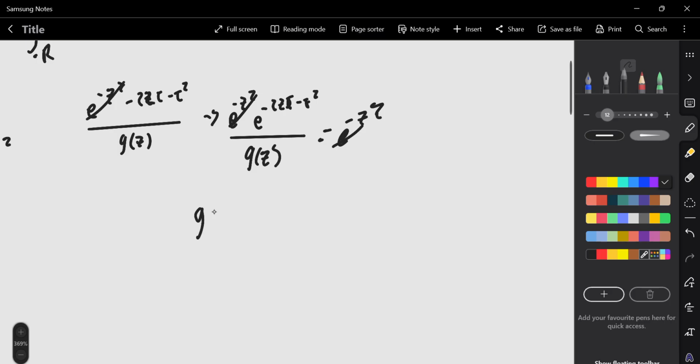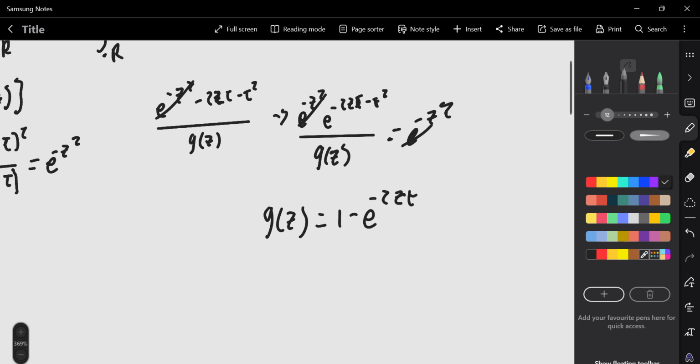So g of z is just going to be 1 minus e to the minus 2zt, we're saying t minus t squared. Nice. That's helped out a lot.